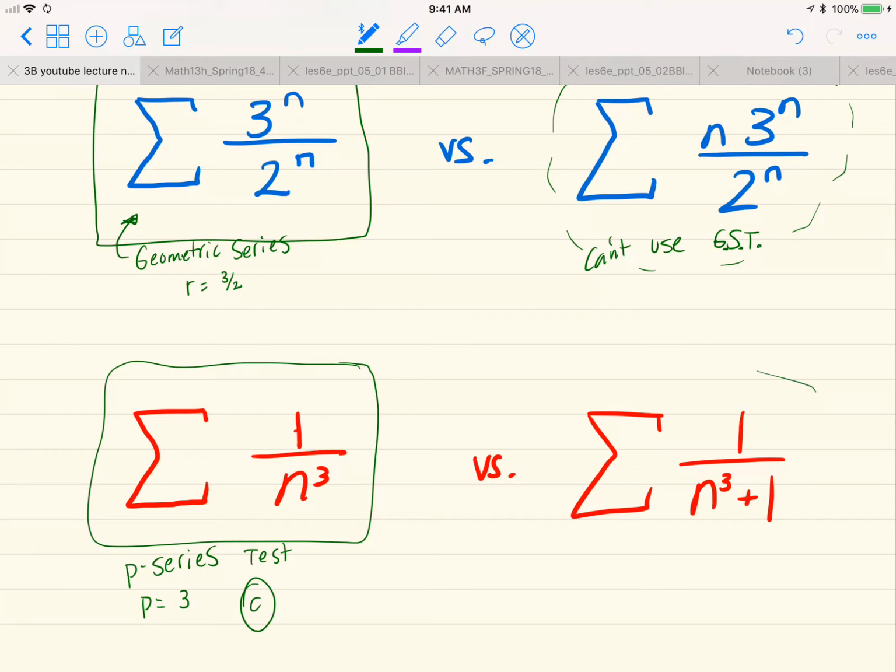On the right-hand side, even though it's so close to 1 over n cubed, we can't use the p-series test. It's not a p-series. We can't even use the integral test because we wouldn't be able to integrate 1 over x cubed plus 1 dx.